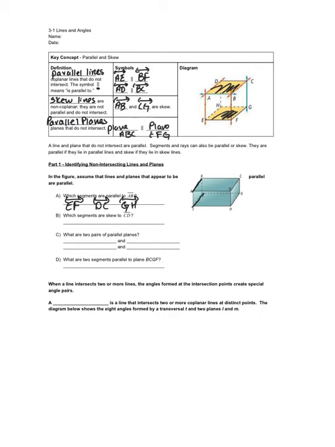Now, part B asks for which segments are skew to CD. All right. Remember, they're not on the same plane, they do not intersect, and they are not parallel. All right.